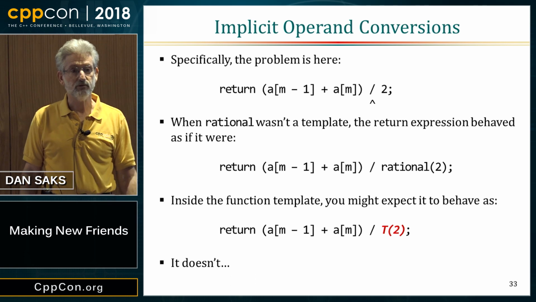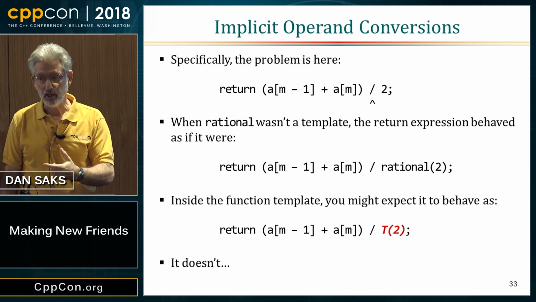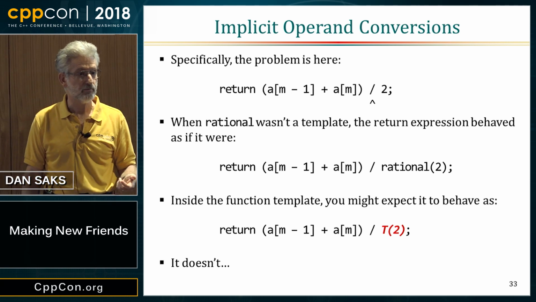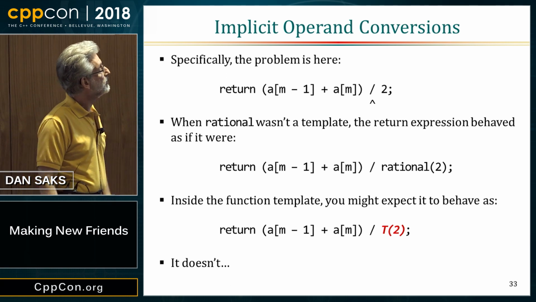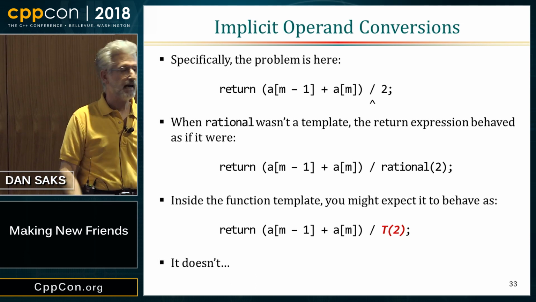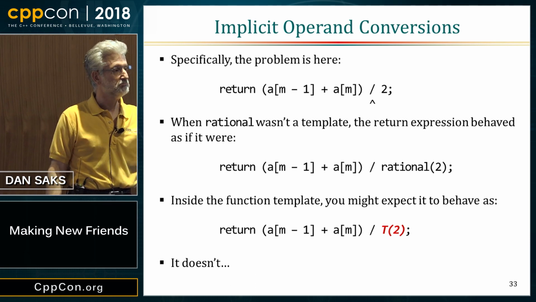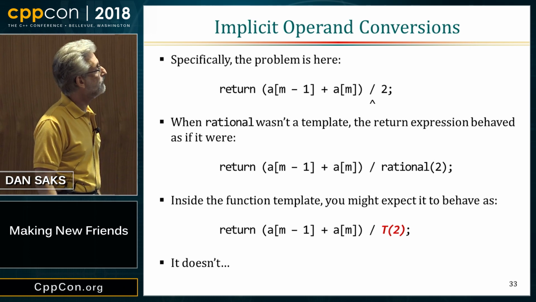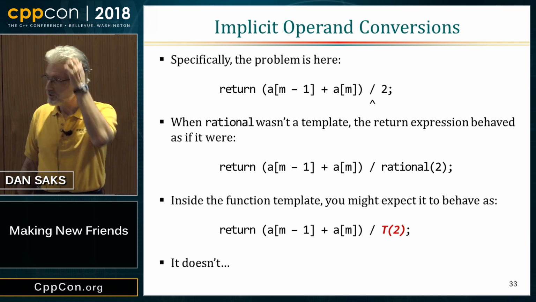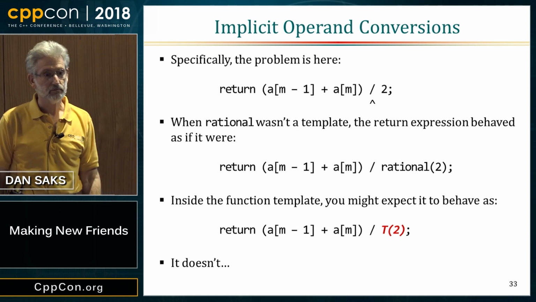That is invoking the operator plus function template, which takes two rational objects of type T. This is an exact match, and the compiler says, cool, I can figure out that you're invoking that function template operator plus here.